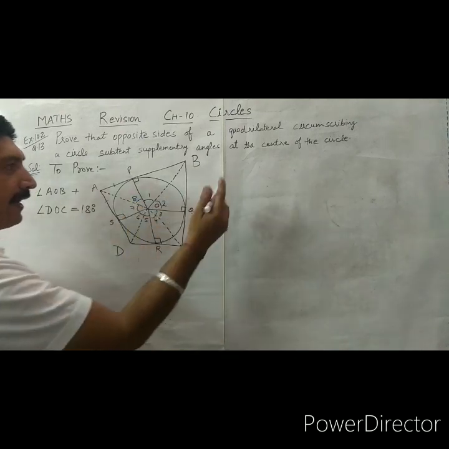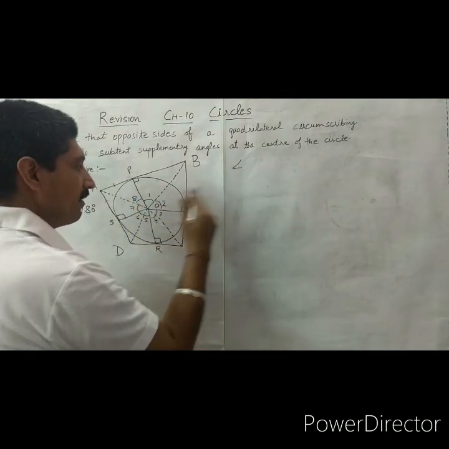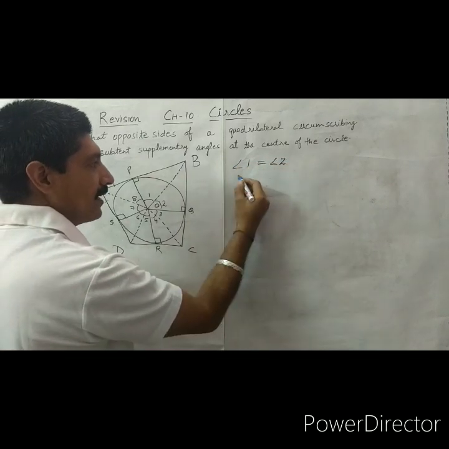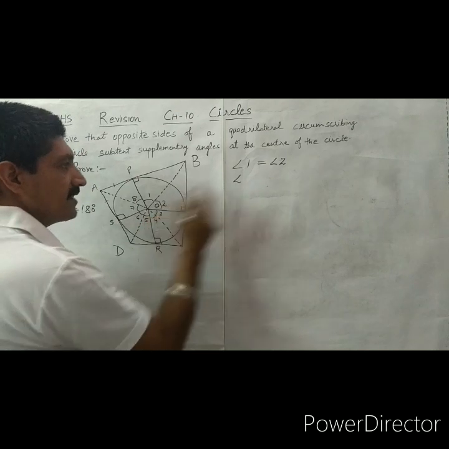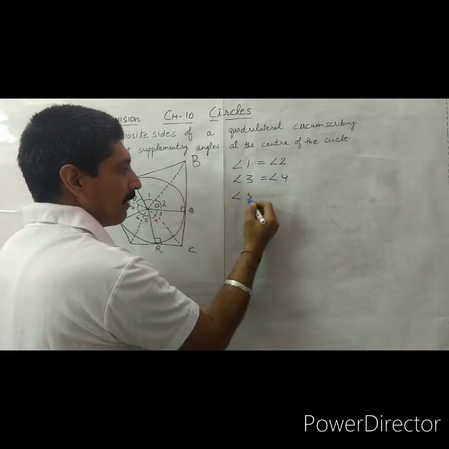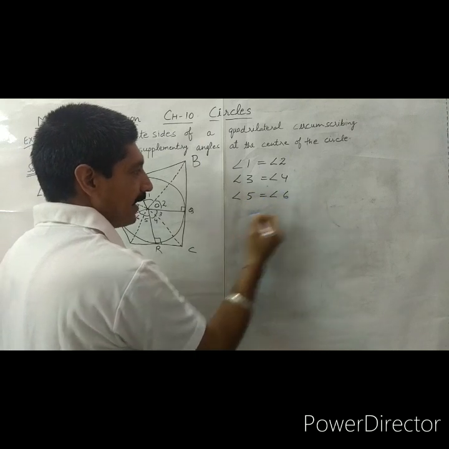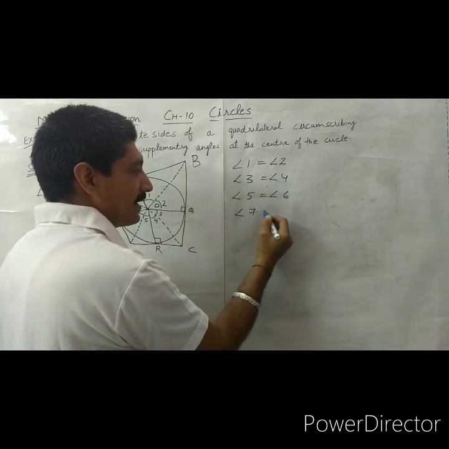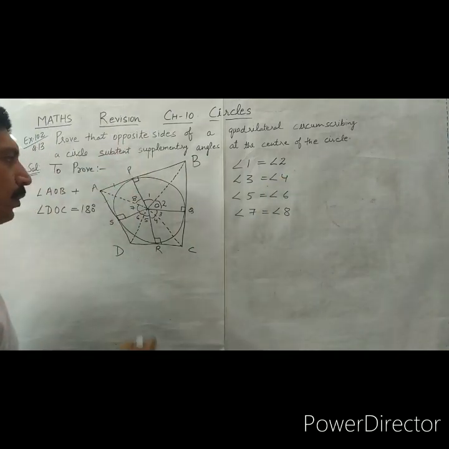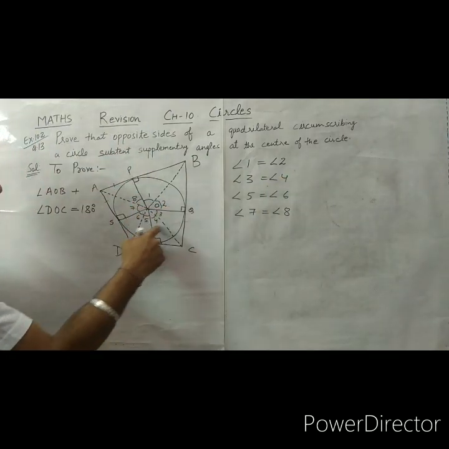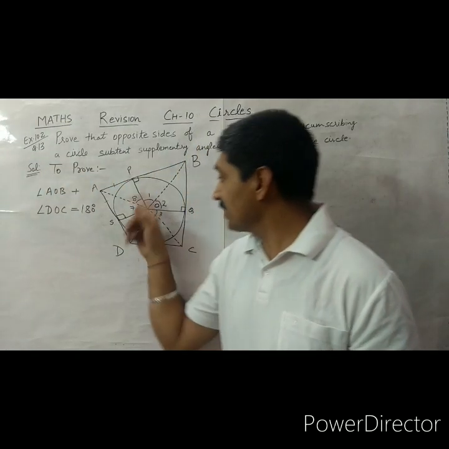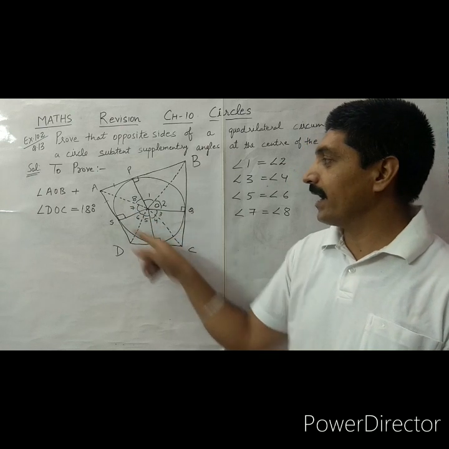So we'll write angle 1 is equal to angle 2, angle 3 is equal to angle 4, angle 5 is equal to angle 6, and angle 7 is equal to angle 8. So we know that the sum of all these 8 angles is 360, it's a complete angle.